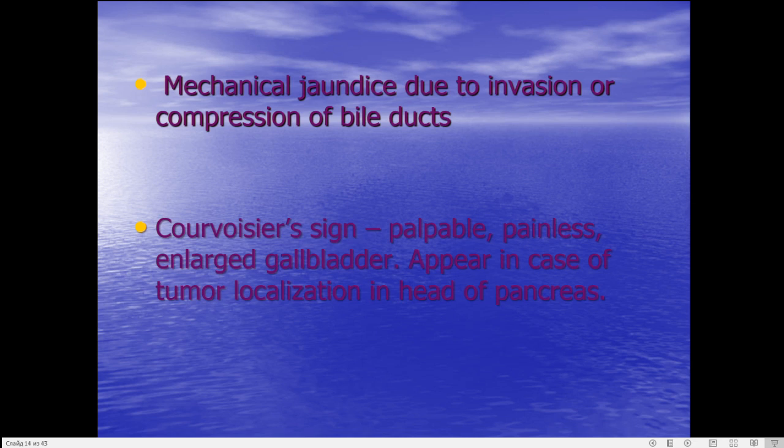Courvoisier's sign, or Courvoisier's symptom, means a palpable, painless, enlarged gallbladder that appears in case of tumor localization in the head of the pancreas.